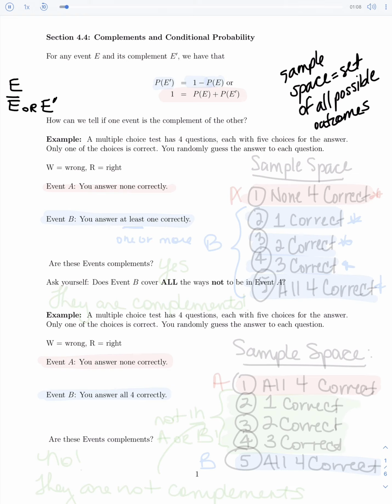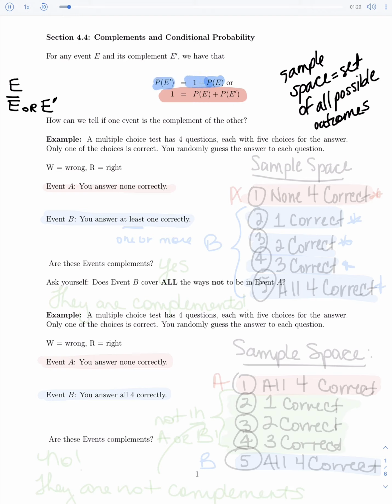Two events are complements if their probabilities add up to 1. That also means if you have one probability and you're trying to find its complement, you can just subtract it from 1.